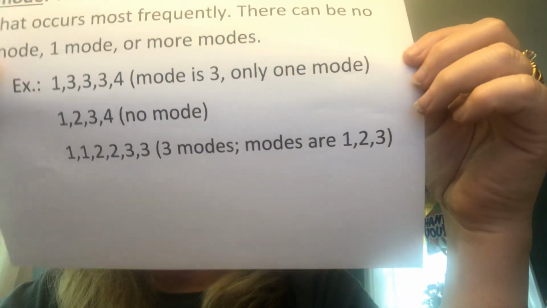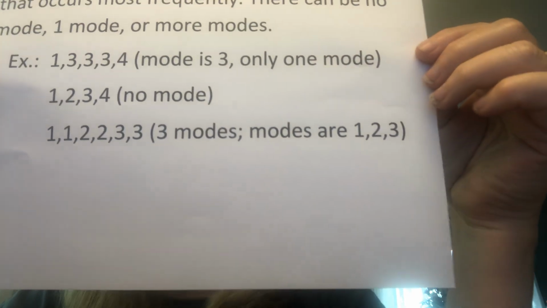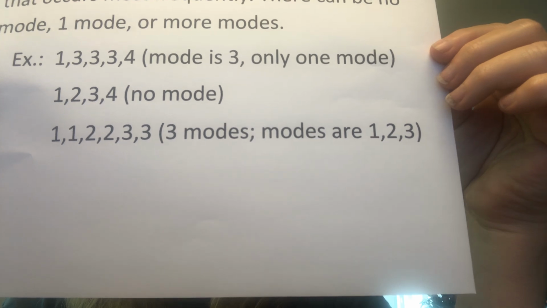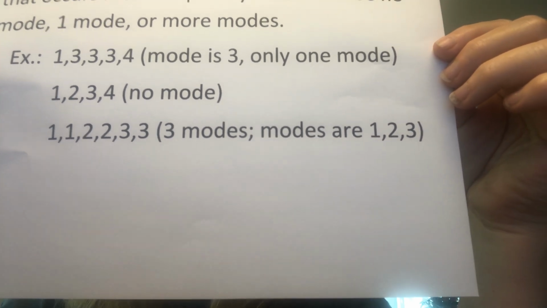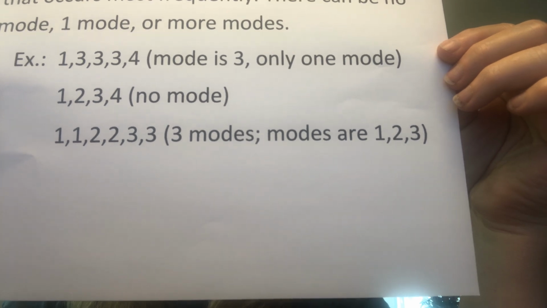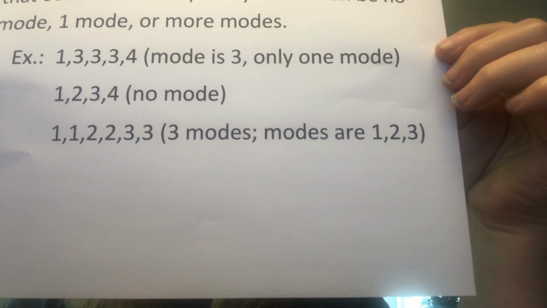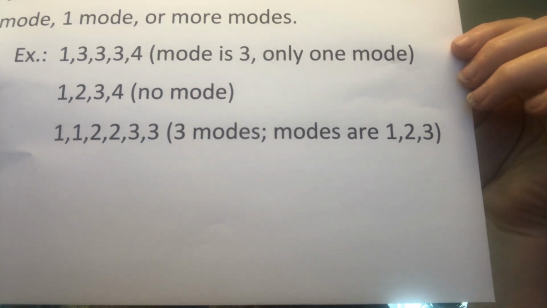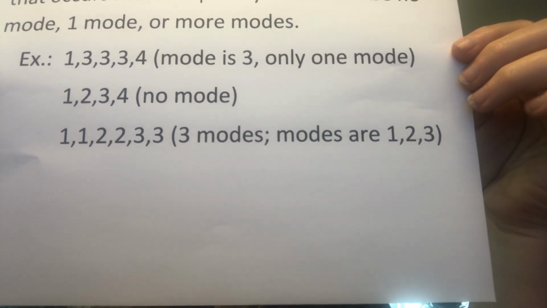The first example is a data set that includes the numbers 1, 3, 3, 3, and 4. You start by writing all of your answers down in order from smallest to largest. Then you look to see which of these data items, in this case numbers, occurs most frequently.